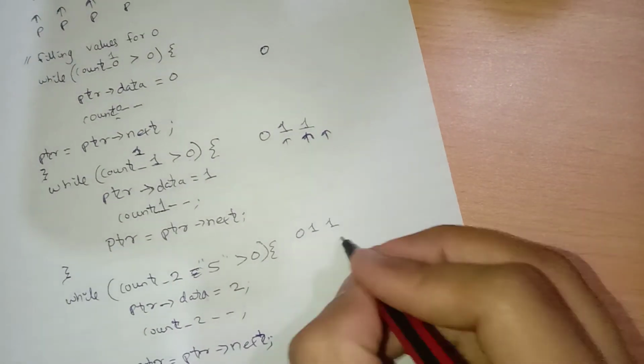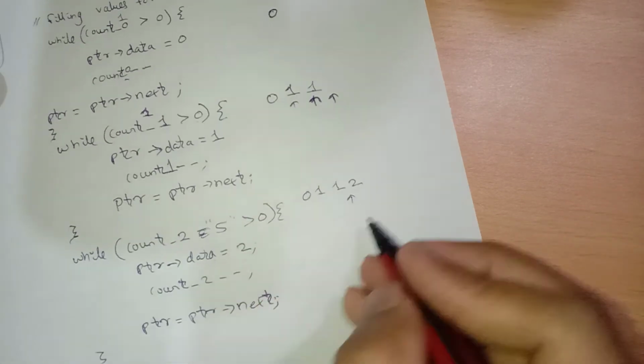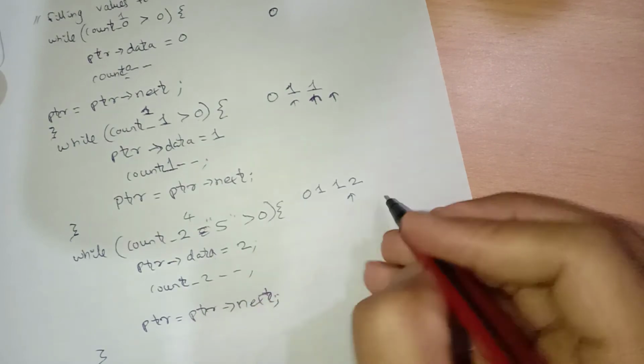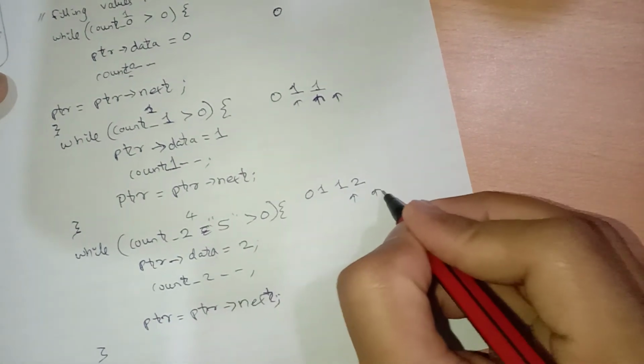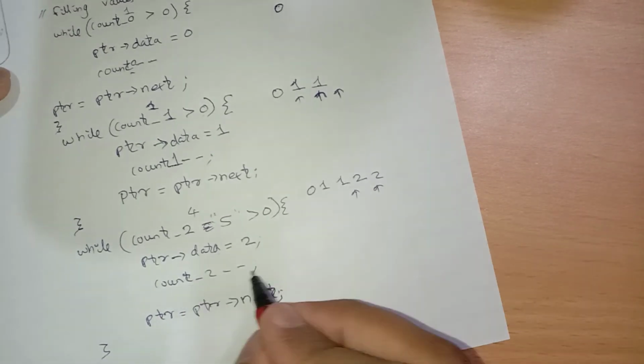So we are at this position, we will fill here 2 and we will decrement the count, so now the count becomes 4, which is greater than 0. As our pointer reaches here, we will put the data as 2 and again we will decrement the count.